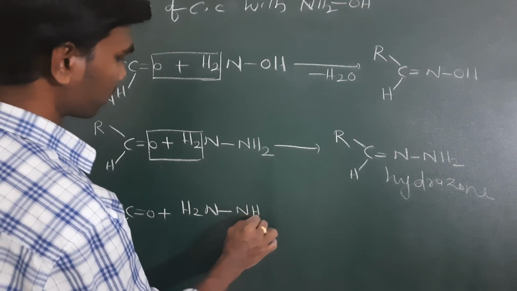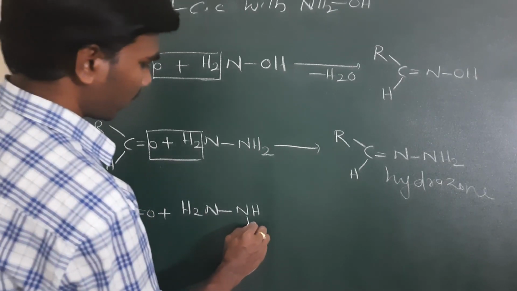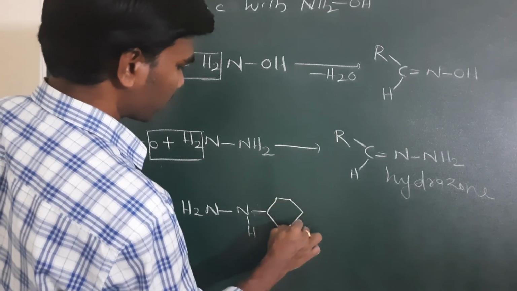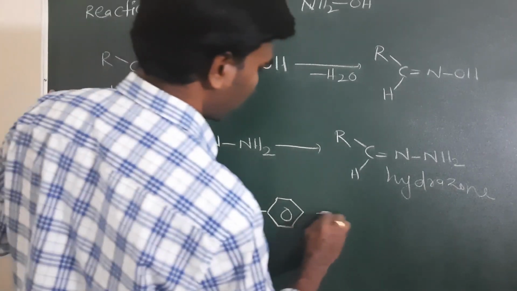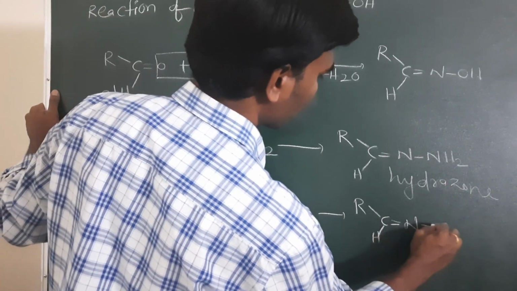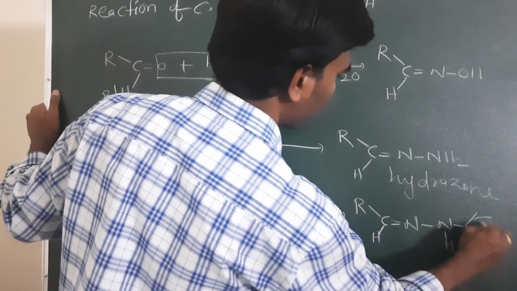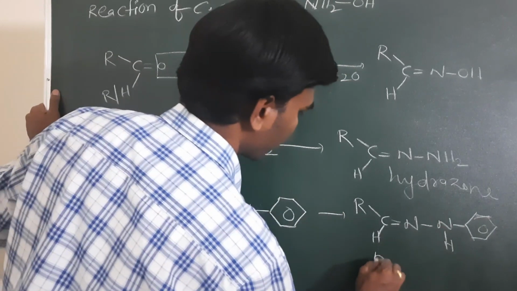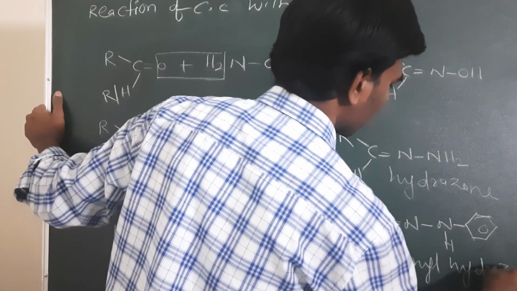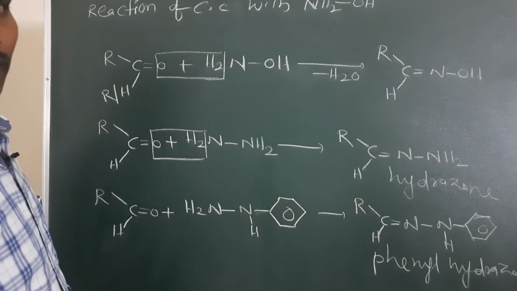Now the reaction of the carbonyl compound with phenylhydrazine: one hydrogen is replaced by a phenyl group, then it is called phenylhydrazine. This phenylhydrazine will react with the carbonyl compound and form phenylhydrazone.